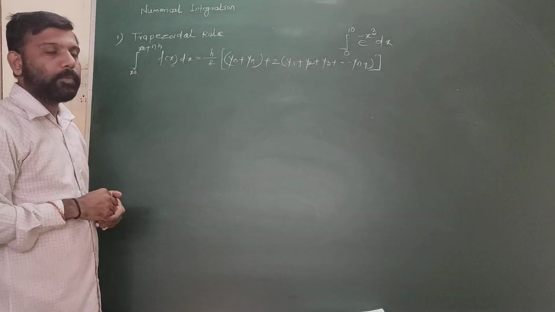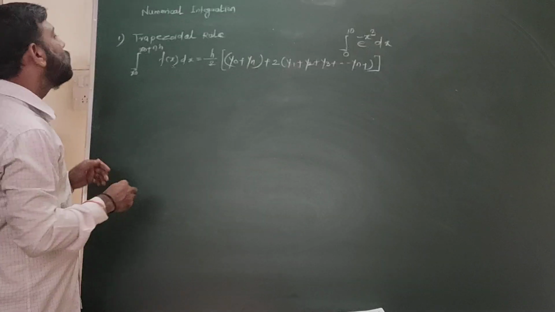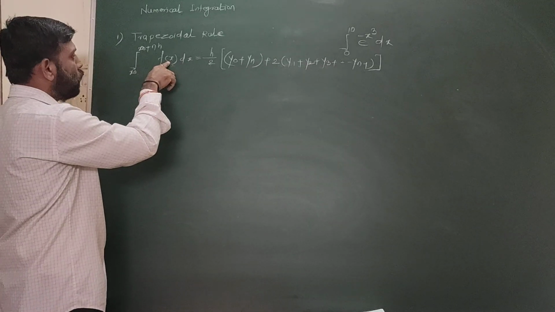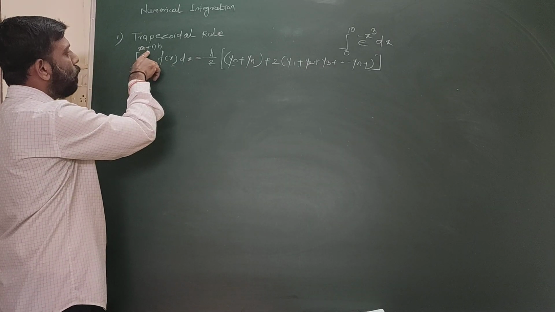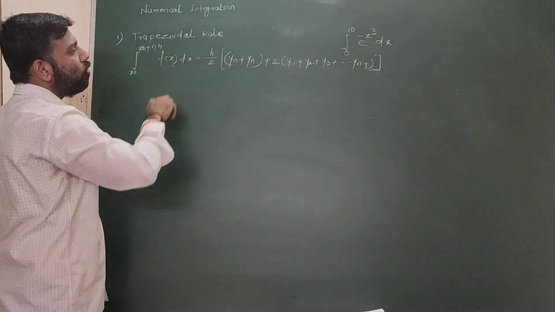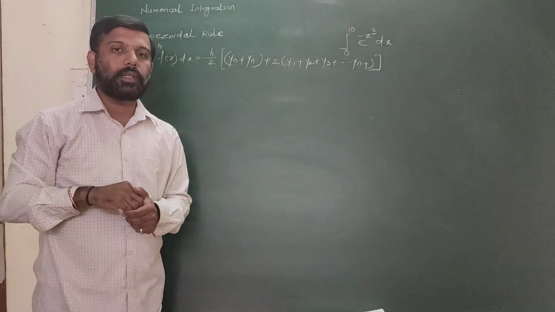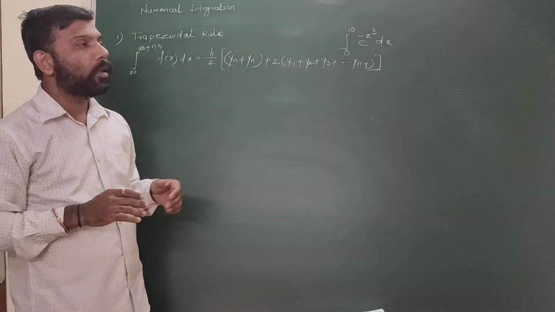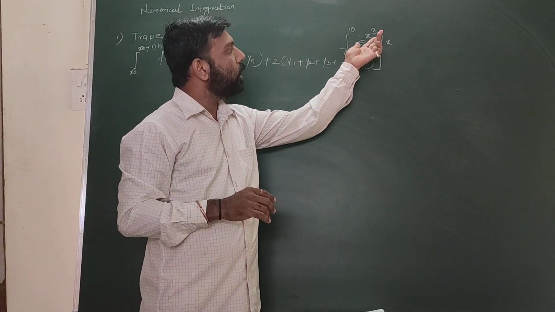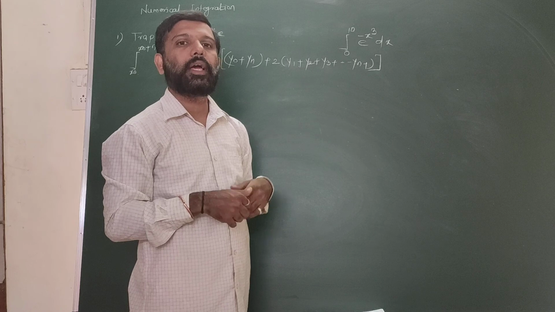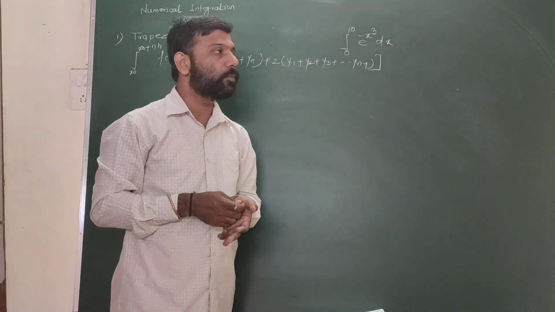So this is the trapezoidal rule. It means we are evaluating the given integral function with some limits with the help of the trapezoidal rule. The interesting fact in numerical integration is that we are not integrating the given function. Without integrating the function, we are finding its value.